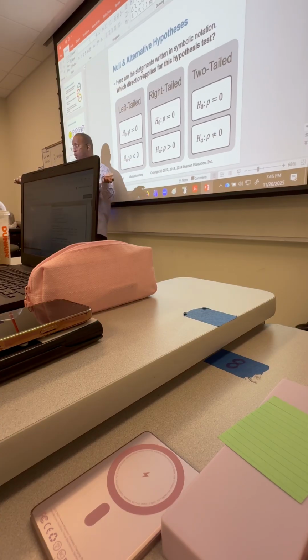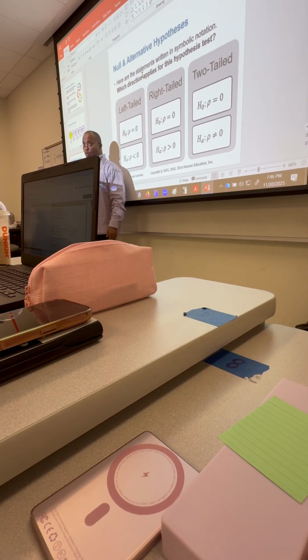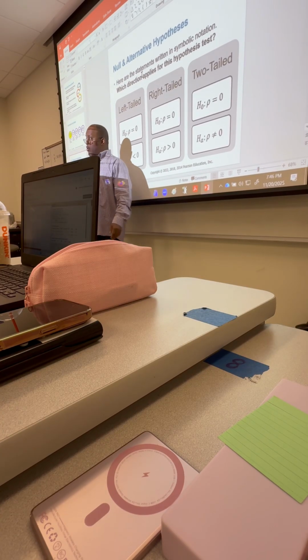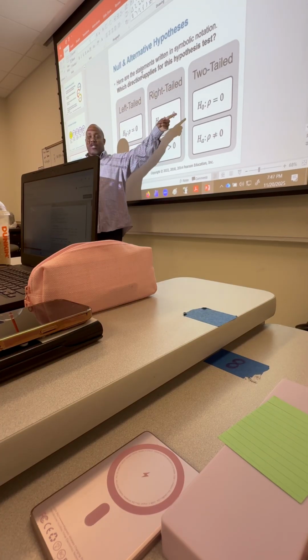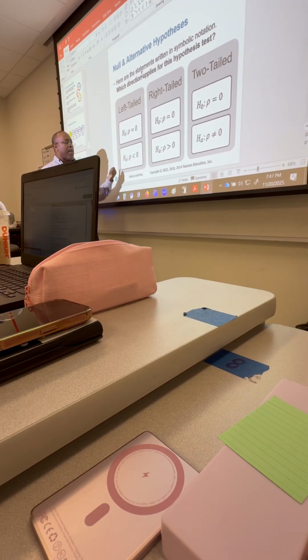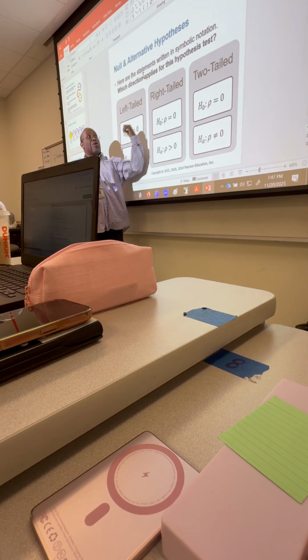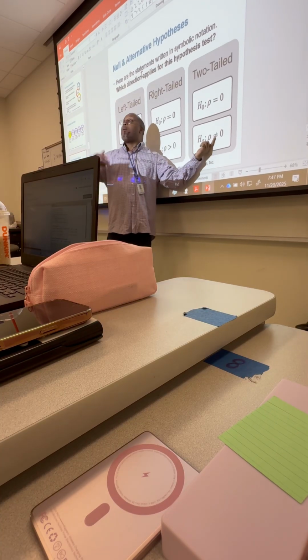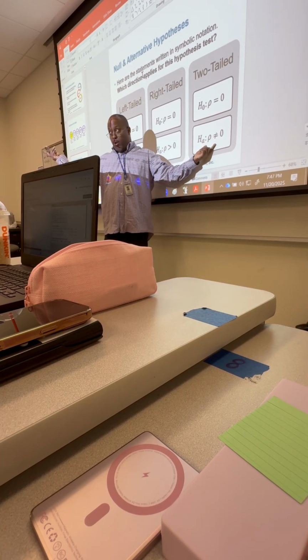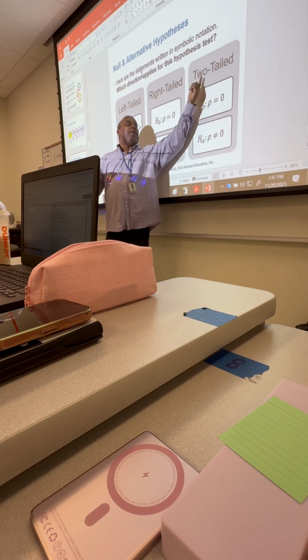That there's no relationship between the number of price of games won and the episode total. That's what this null hypothesis is saying. The alternative hypothesis says, yes, there is. Either there's a negative relationship if you do a left tail test, a positive relationship if you do a right tail test, or there is some type of relationship, either positive or negative, if you do the two tail test.